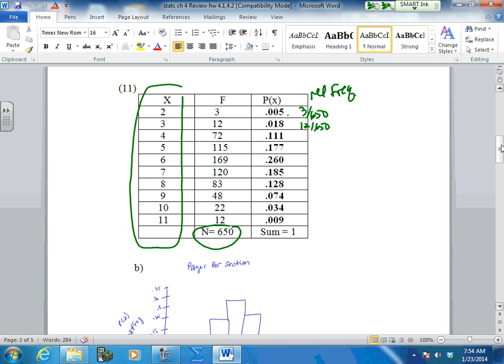Now, if you put this in L1 and this in L2, this will still give you the same mean, the same variance, the same standard deviation, except it will not give you a sample standard deviation. Because for a sample standard deviation, if you remember back to your standard deviations, here was your formula. This was for your variance, then we took the square root of it.